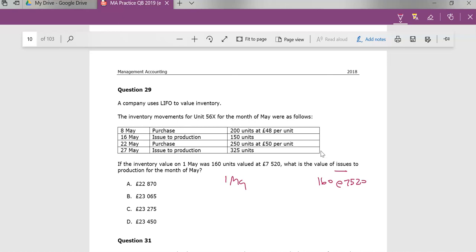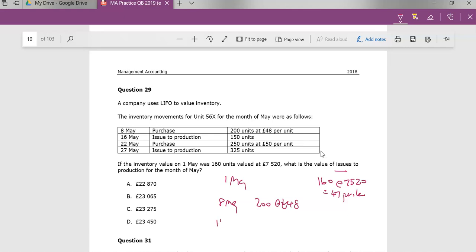So on the 1st of May you have 160 items at £7,520, and when you divide 7,520 by 160, you get £47 per item, right? And then you're using LIFO, so you buy some material on the 8th of May: 200 items at £48. Okay, no problem.